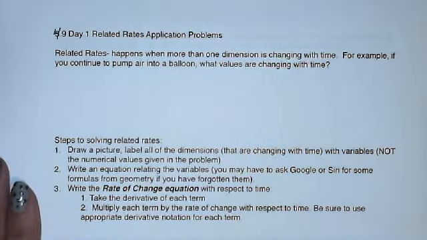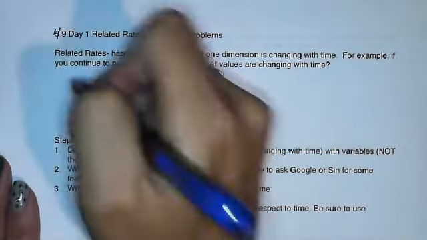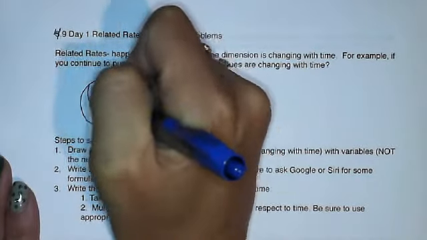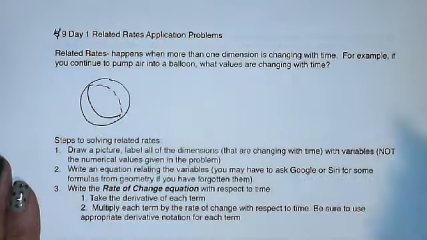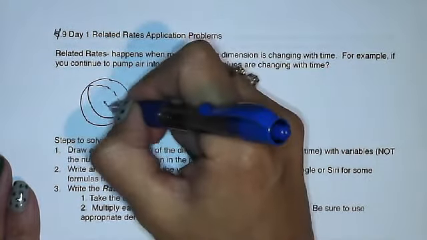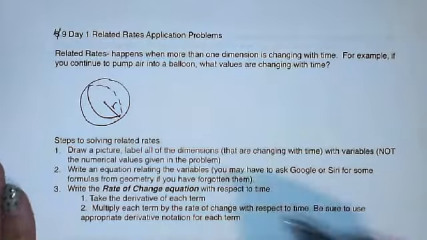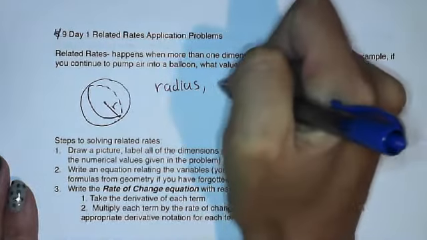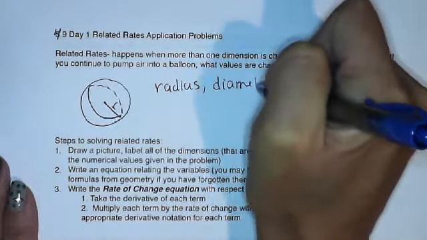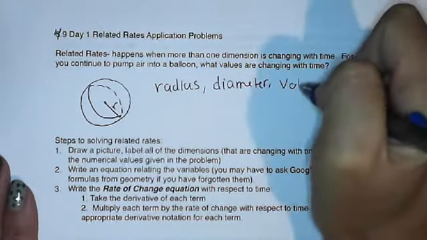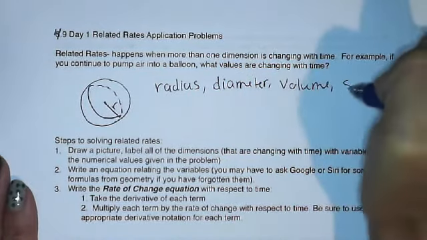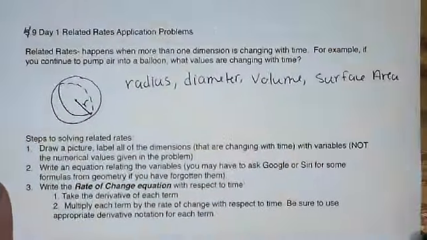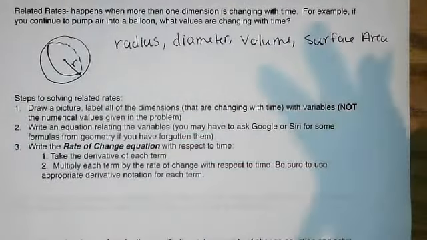So if you think about it, as the air goes in, the radius is going to grow, which is going to make the diameter grow, which is going to make the volume grow, which would make the surface area grow. Every dimension possible is going to grow with time because you continue to put air in.